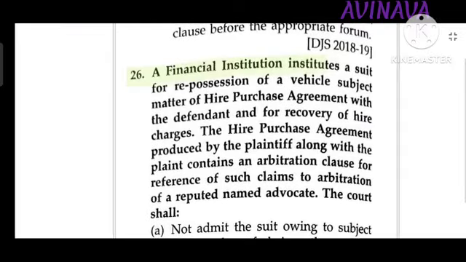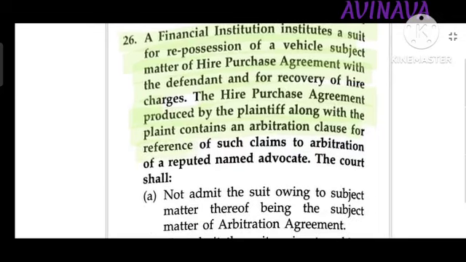A financial institution institutes a suit for repossession of a vehicle, the subject matter of hire purchase, against the defendant, and for recovery of arrears of hire charges. The hire purchase agreement produced by the plaintiff along with the plaint contains an arbitration clause for reference of such claims to arbitration of a reputed named advocate.